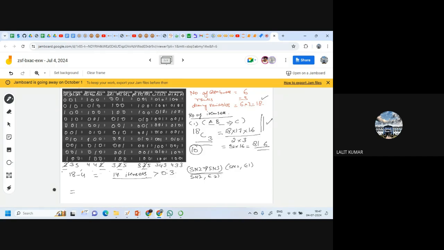SN2 and SN3 will not have more than 0.3 because either can be 0 or 1.